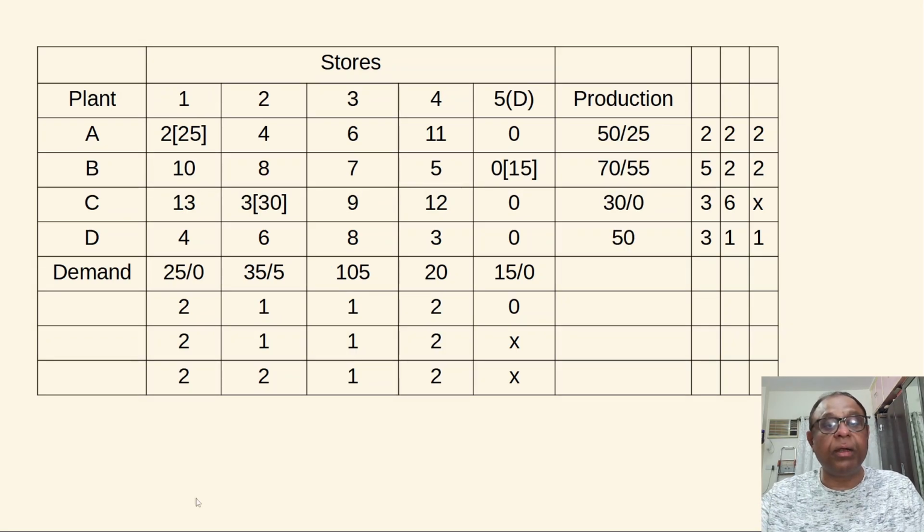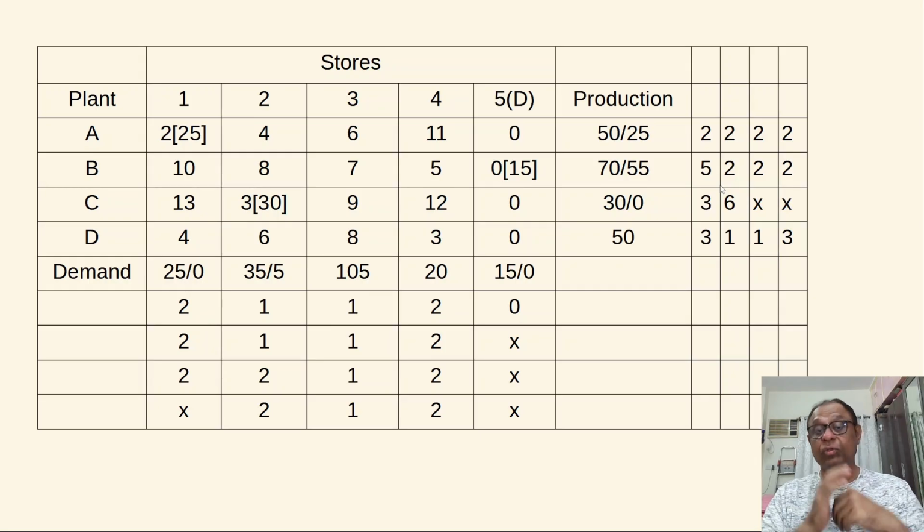Now remember one thing, in the future penalty calculations, column number 1, column number 5D, and row C, that is the third row, will not appear in our penalty calculations. There we are. So slowly, as you can see, we have reduced our calculation effort now.